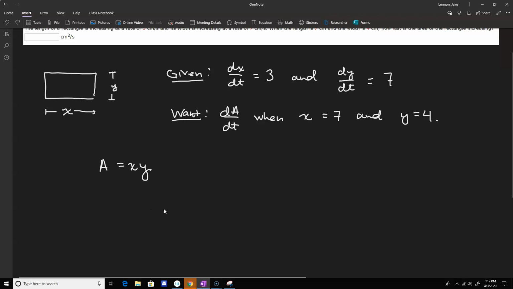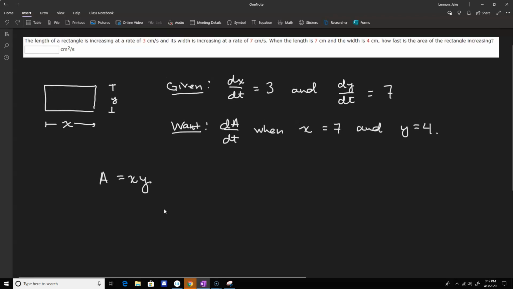So we want to take the derivative and we want to take it implicitly. We don't have a way that the variables actually are related depending on each other, but that's okay. We can go ahead and think of x and y as separate functions of this third variable t, and we can use the product rule. So basically our dA/dt, that's the left side.